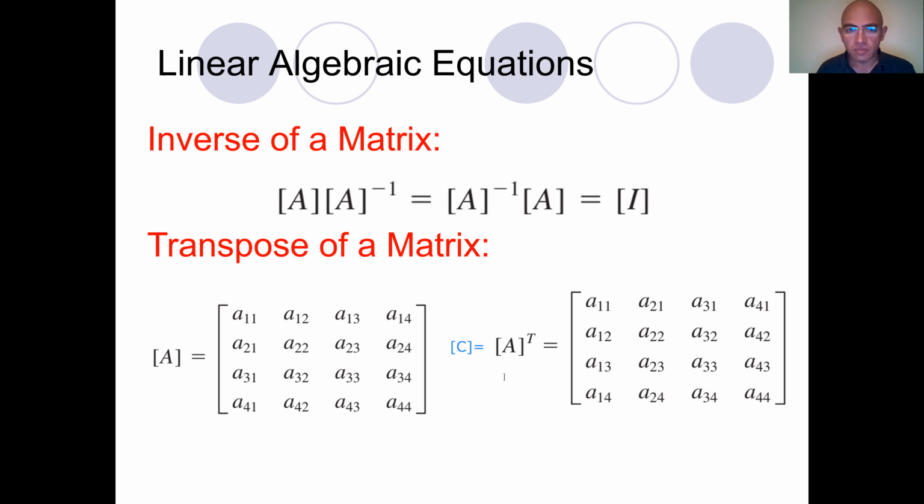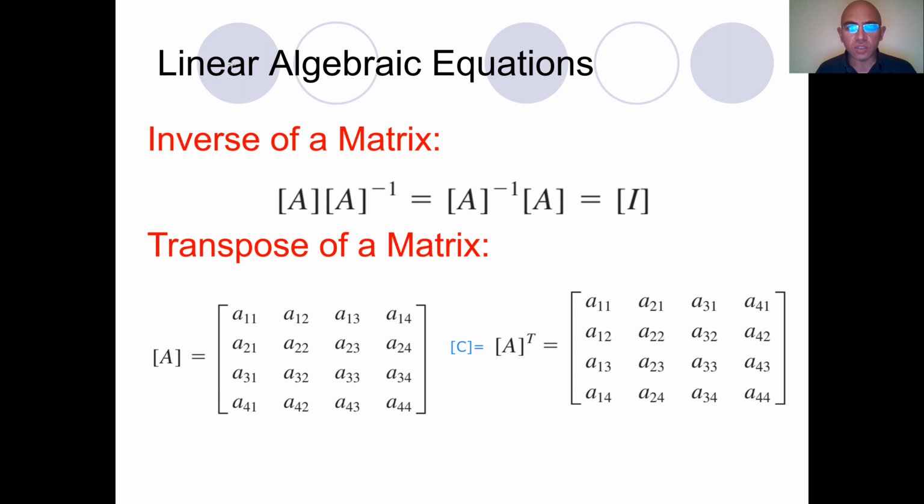We can say that it's not mirrored, but their places are changed. So you basically interchange the places of rows and column members in the transpose of a matrix.